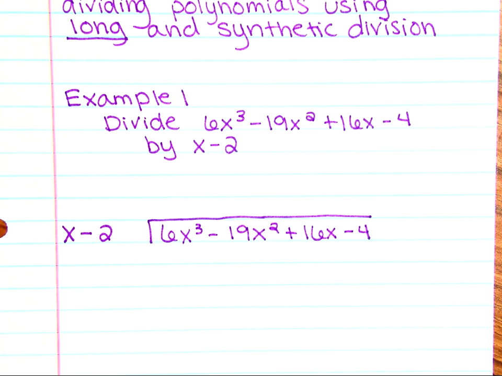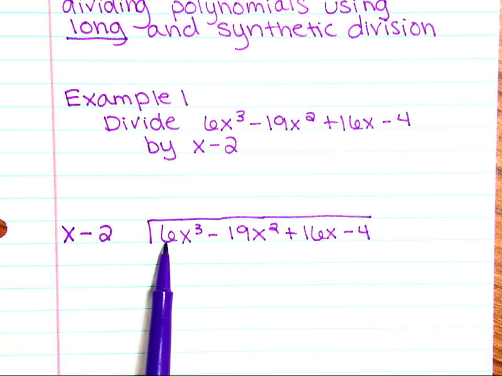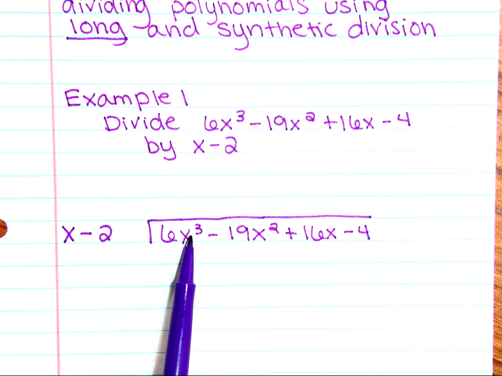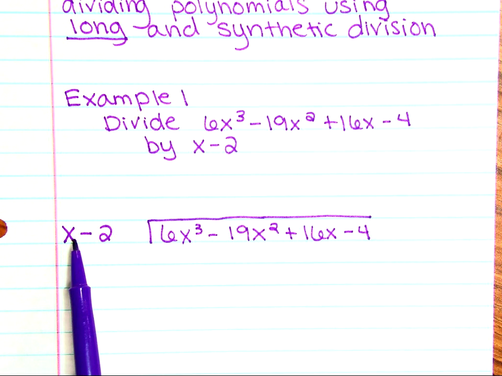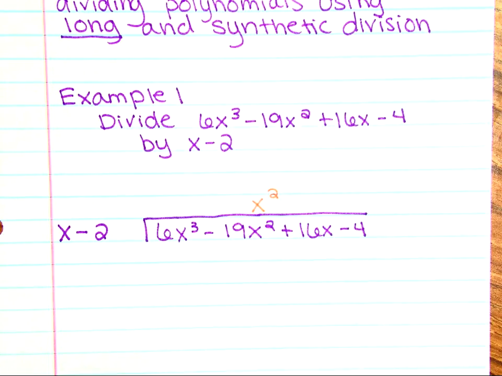Okay? Now, up here, I'm going to write what times x would cancel this first term, 6x cubed. So I'm multiplying times x, so you should recognize that that would have to be x squared. So in order to keep things in line, I would go ahead and write x squared above your other x squared.